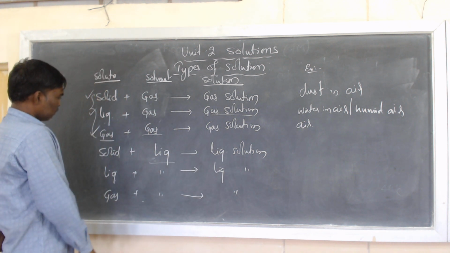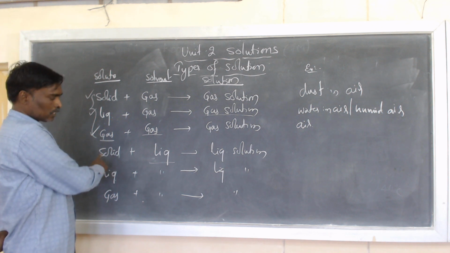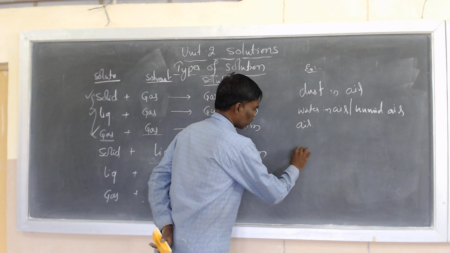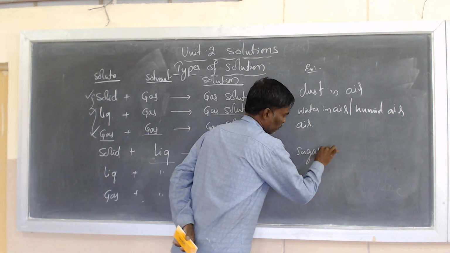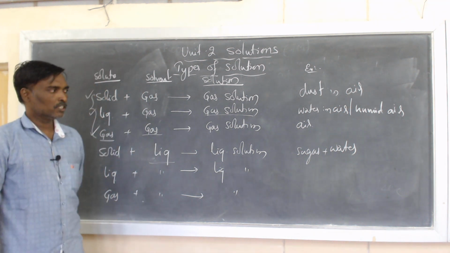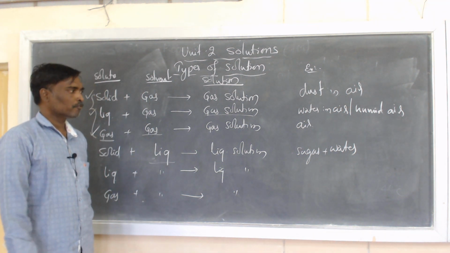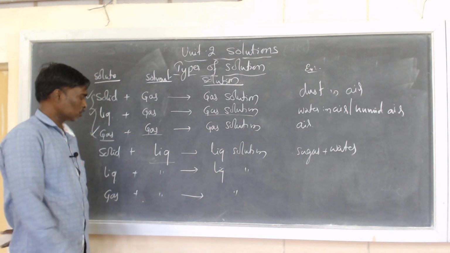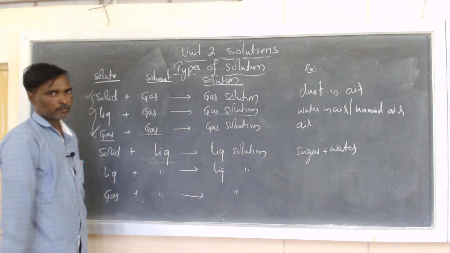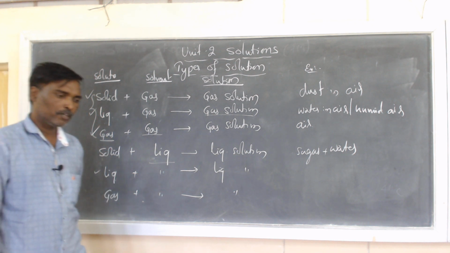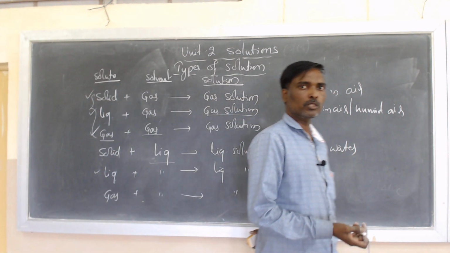Now the example for the first one is solid in liquid. We know sugar solution is sugar plus water. Sugar is a solid, it dissolves in water and forms sugar solution. That gives a liquid solution, which is a type of solid in liquid. The second one is liquid in liquid, where the solute as well as the solvent are both liquids.